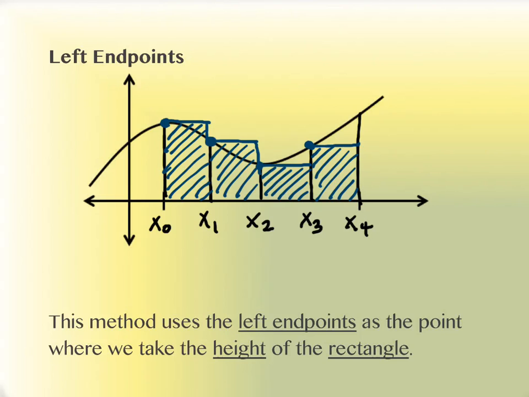Now actually calculating this area, your book is going to use the letter L. So this function L of x calculates the area of these four rectangles. Imagine if you were to do this, how do you calculate the area of a rectangle? Length times width. And what is the width of every one of these rectangles?